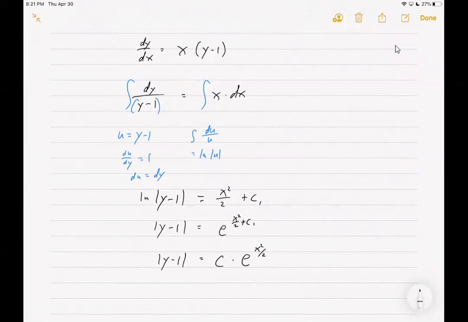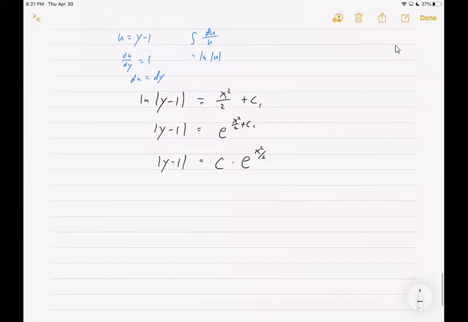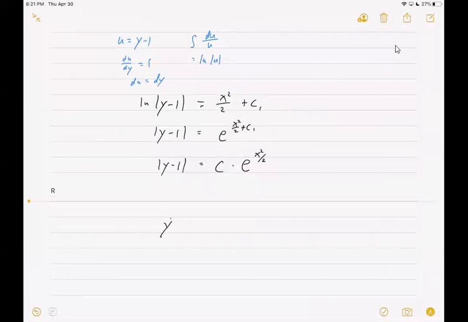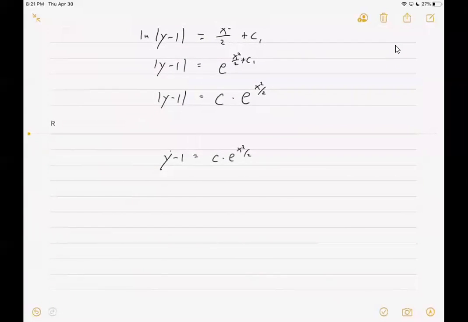The constant can be plus or minus. So I'm going to write down here y minus 1 is equal to c times e to the x squared over 2. And therefore, y is equal to c times e to the x squared over 2 plus 1. That is your general solution.